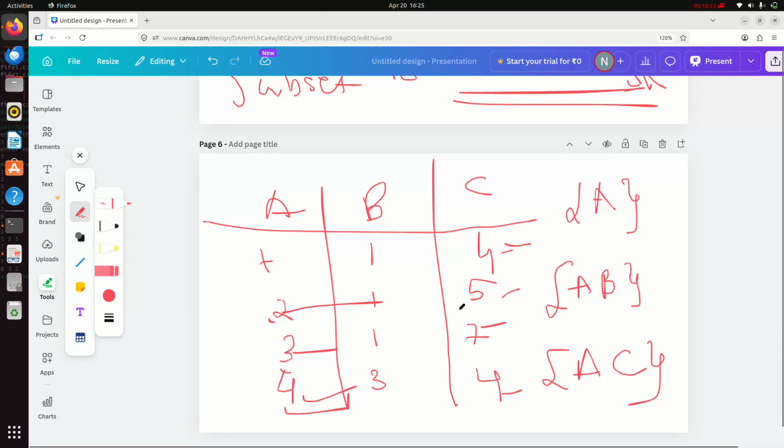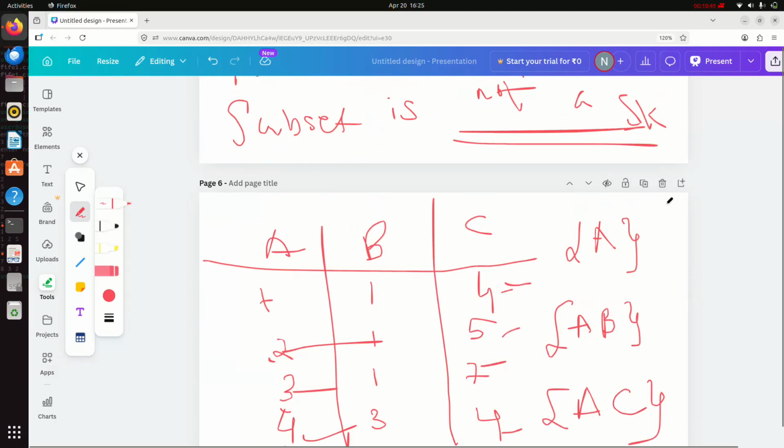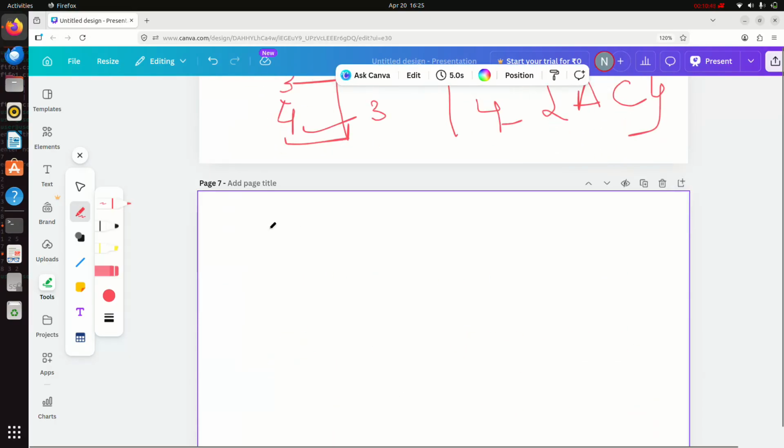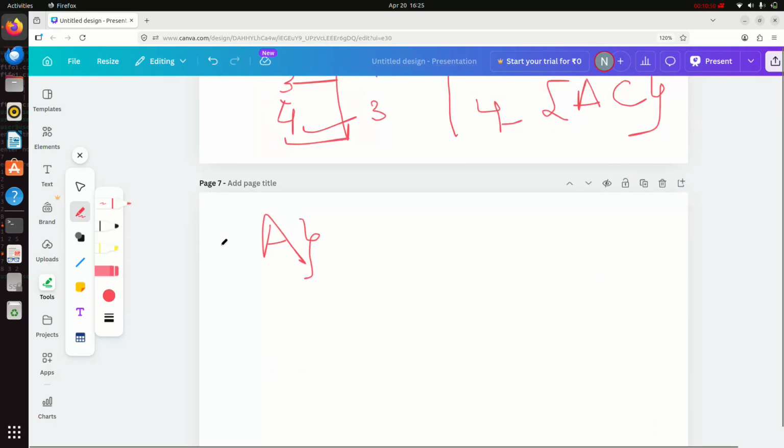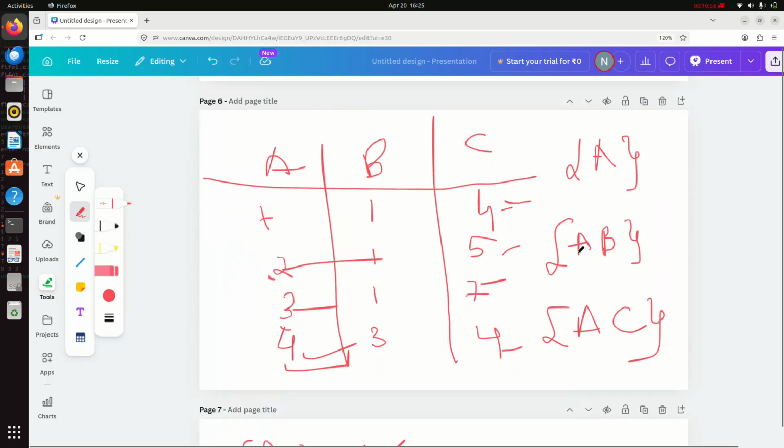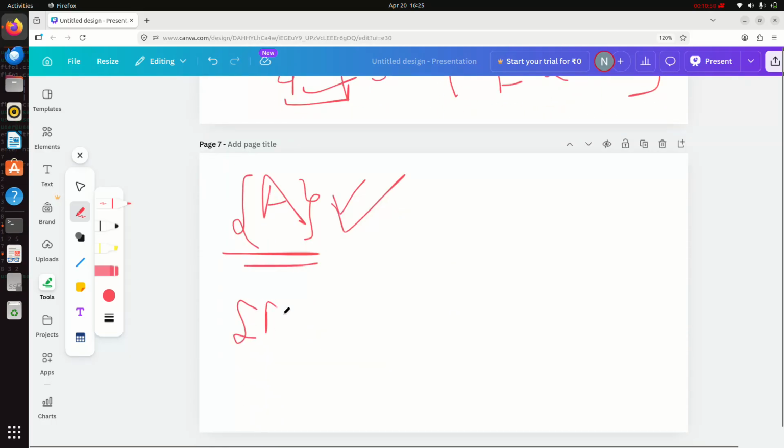Now which would be the candidate key here? The minimal super key, whose proper subset is not a super key. A, if you consider just the single attribute, doesn't have a proper subset, so A can be a candidate key.